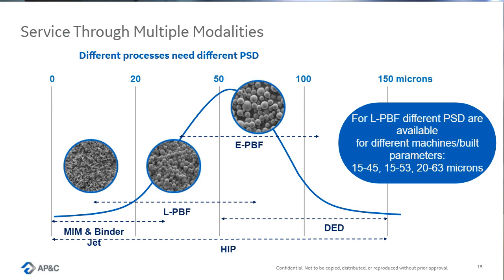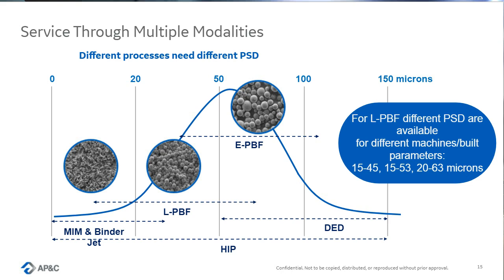But also DED, HIP, MIM, and binder jetting are powder metallurgy processes that often use the same products, but sometimes in different particle size distributions. And combining particle size distributions within different technologies, but produced at the same time by the same process, will probably help you to have a better price in the end for your parts, and also to benchmark the strengths of each of those processes for your own use.